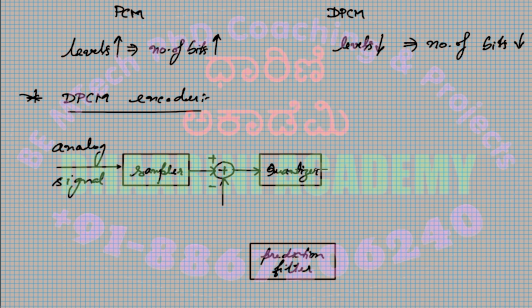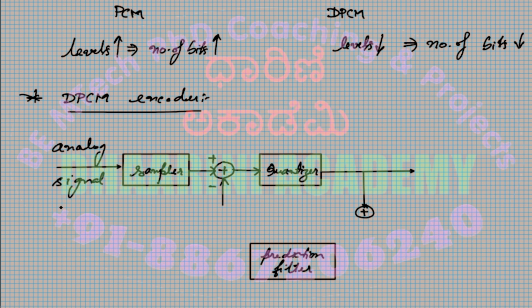We will see that we get the input to the prediction filter from here. Before that, I need to do another part because this output will go to... so this is the error. The output of the quantizer is the quantized error. Let me write that.